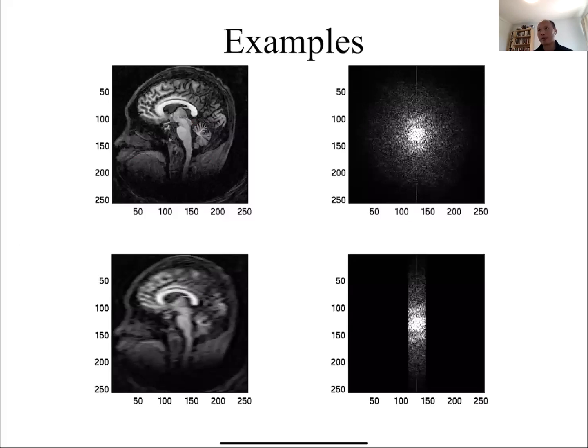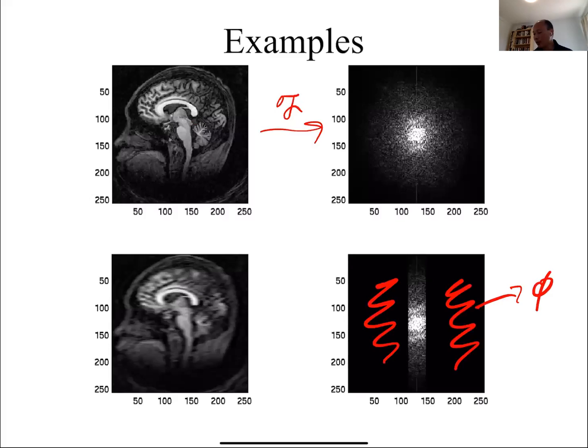So let's quickly go through some examples of that. Here is the Fourier transform of my object. If I cut out these parts, I've just zeroed them out, set to 0. What I'm doing is getting rid of information that corresponds to ridges like that.